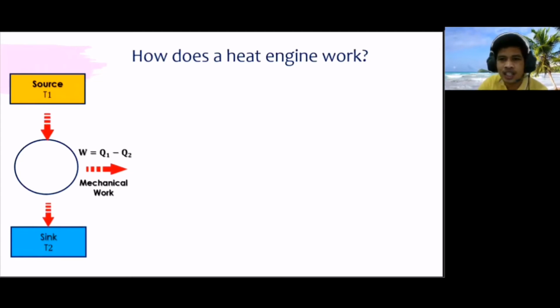Now, there are three important parts of a heat engine. Based on this illustration, there are three important parts. I hope you list this down so that when I ask you again next time, you can answer me. The first part is there should be a source or hot body.